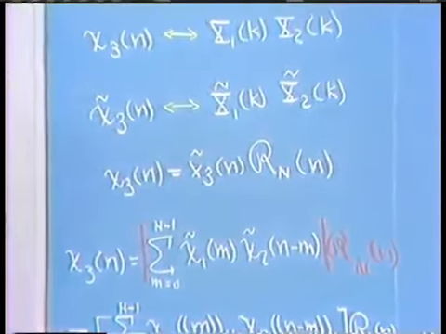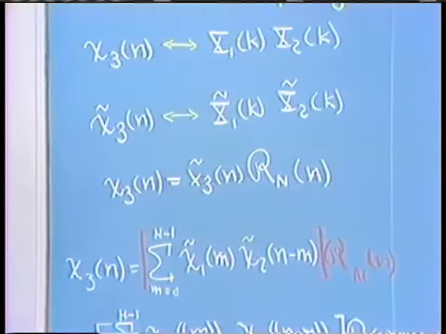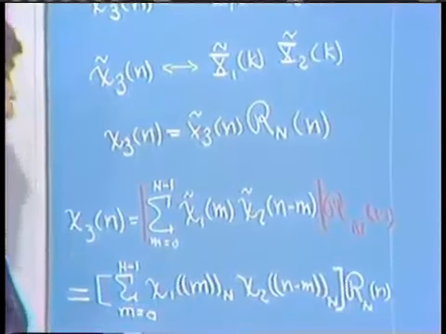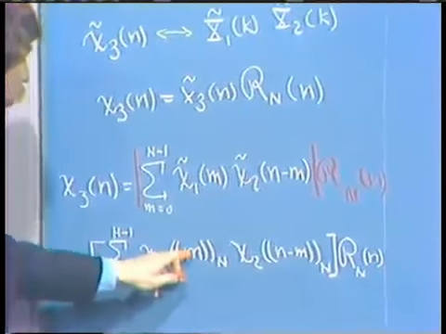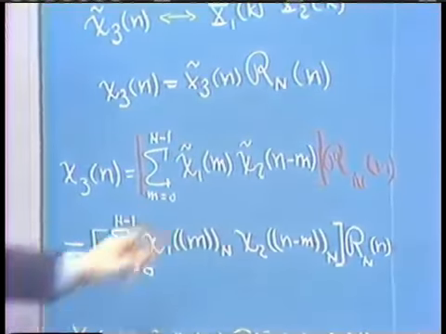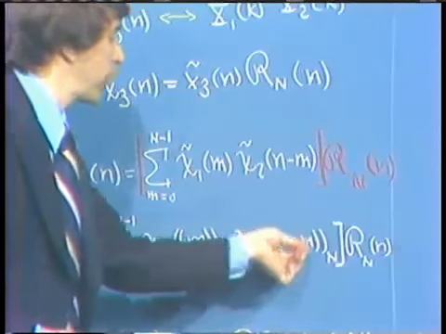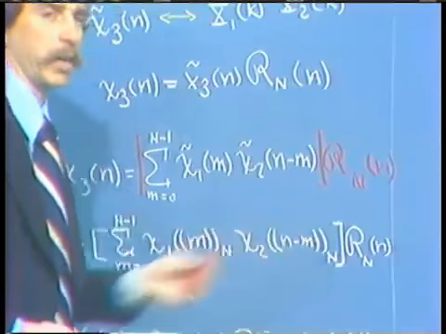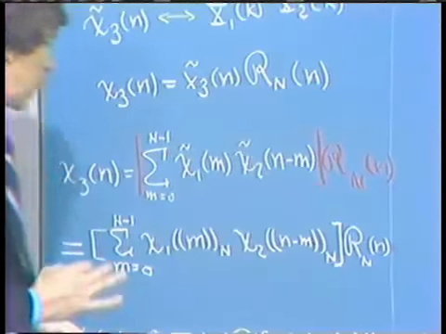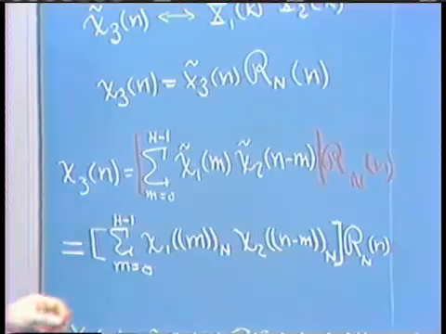Or we could write this in a different way. We can express this periodic sequence using our modular notation in terms of x1 of m as x1 of m taken modulo capital N. And this periodic sequence is x2 of n minus m, that argument taken modulo capital N. Well, we can take one additional step here, which may or may not be useful.